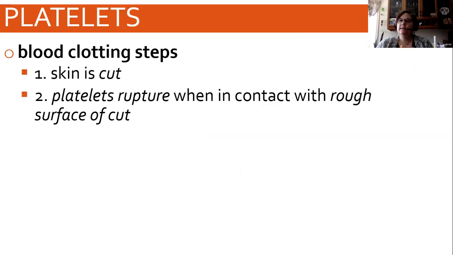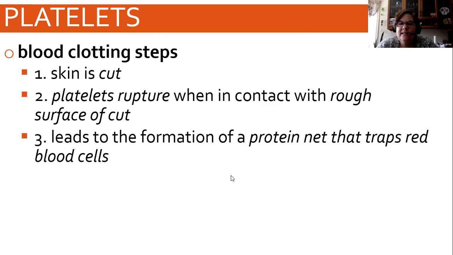So what happens is our platelet runs through that. As the platelet runs through that, it kind of gets broken open by those rough edges of where that cut is. And then it spills these chemicals out into the blood vessel.